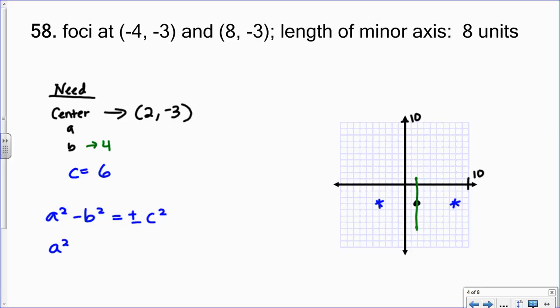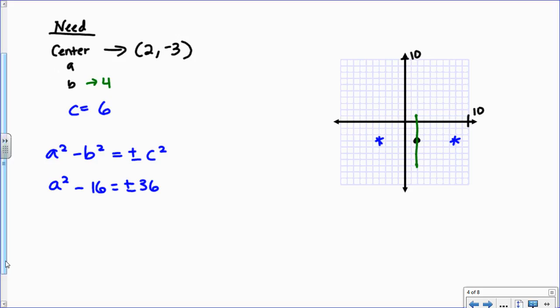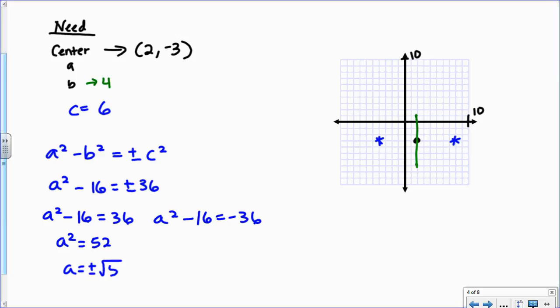So A squared minus 16 equals plus or minus 36. A squared minus 16 equals 36, and A squared minus 16 equals negative 36. A squared equals 52. So A is plus or minus the square root of 52.